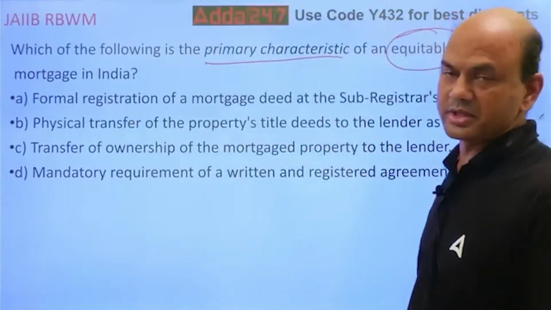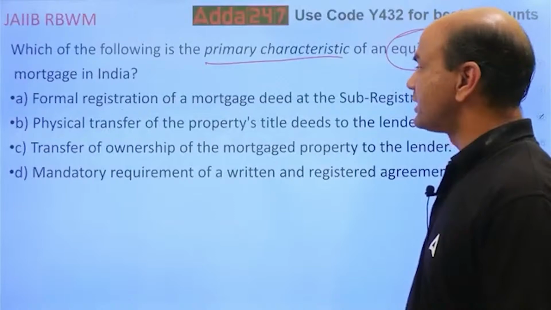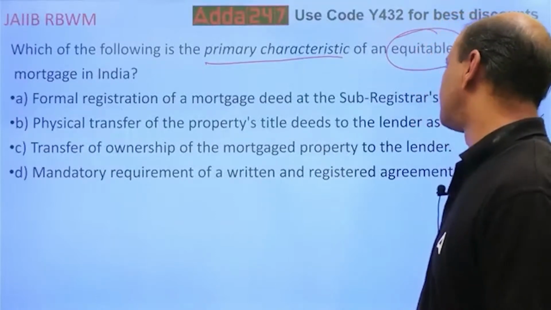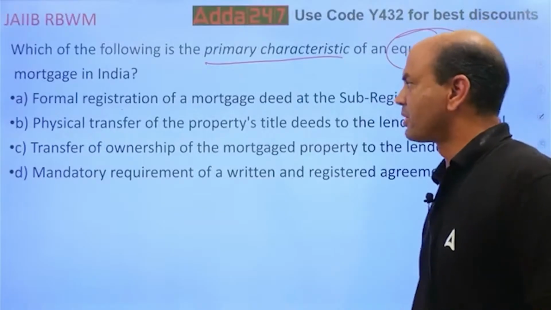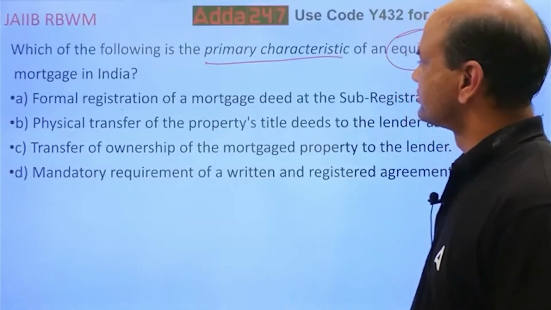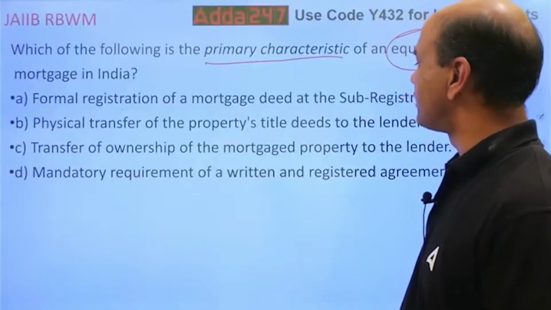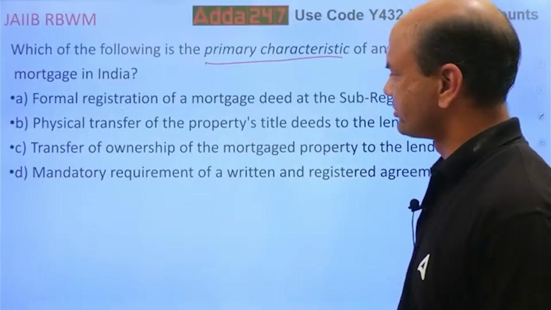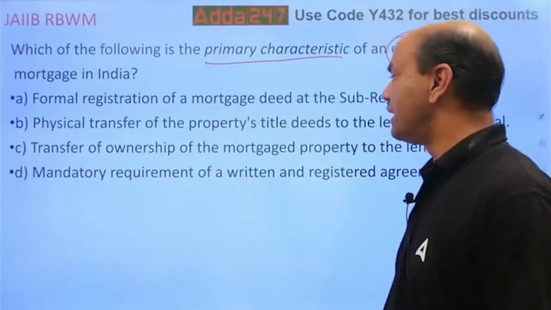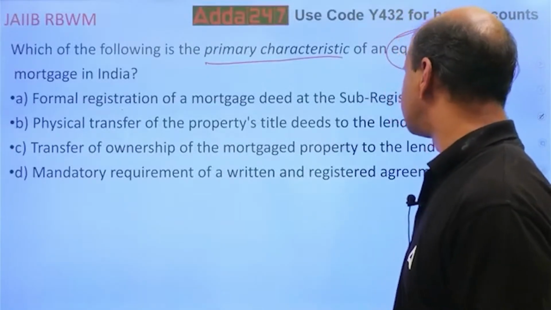Second: physical transfer of property's title deeds to the lender as collateral. Third: transfer of ownership of mortgaged property to the lender. Fourth: mandatory requirement of written and registered agreement.